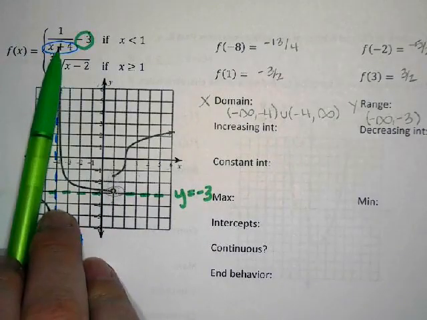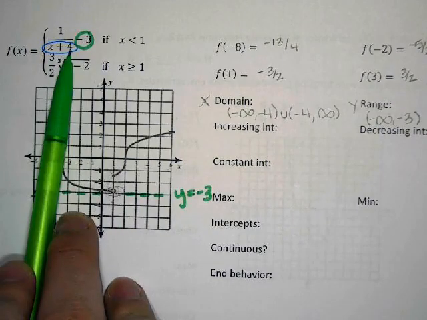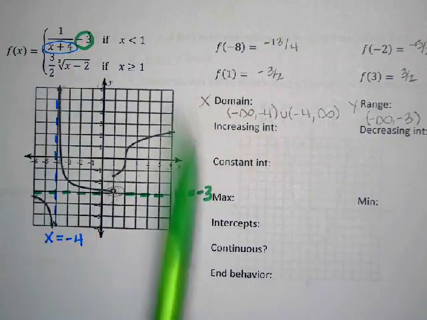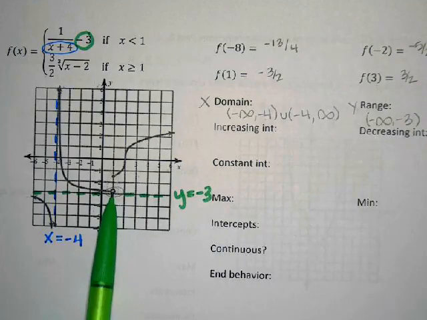We know it's from an x coordinate of 1. So we can take that x coordinate of 1 and we can plug it into the function. And then we know it's going to get a parenthesis, not a bracket. We're not actually going to equal that point, but we know that that's going to be the lowest point for that portion. It's never going to actually get there, but we know it's going to be the lowest point.